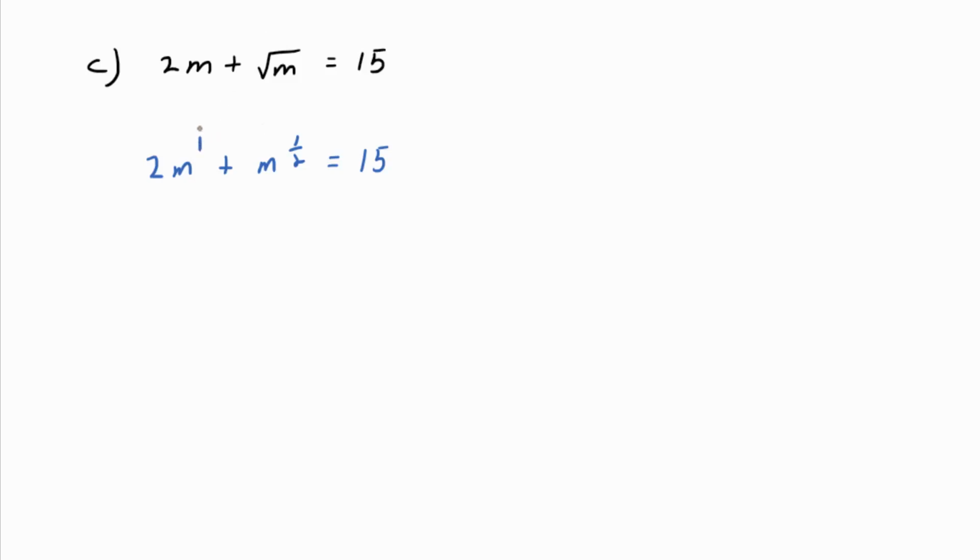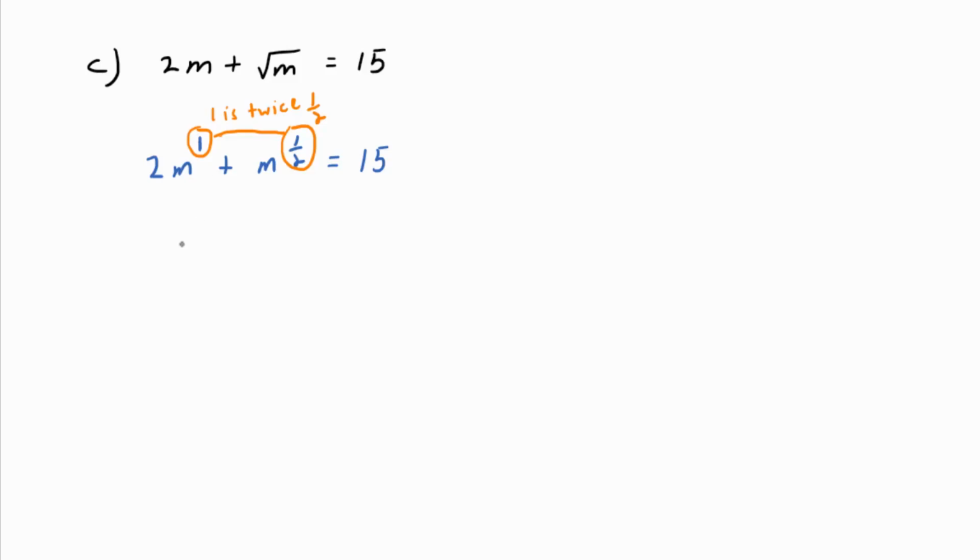Notice, this exponent is twice as big as this exponent, right? 1 is twice 1/2. And there are no other powers of m in sight, right? That's how you recognize, well, this thing's quadratic in form. A substitution will work. And so it's really a lot like the last problem.